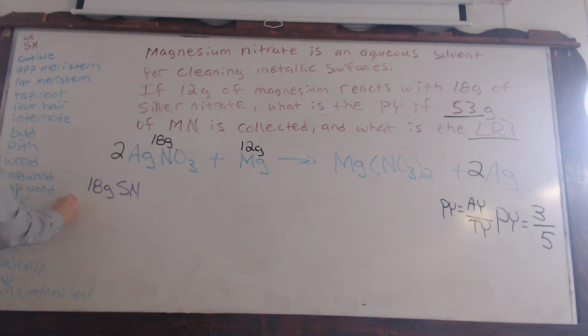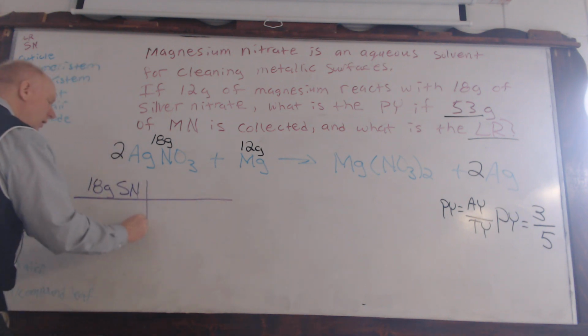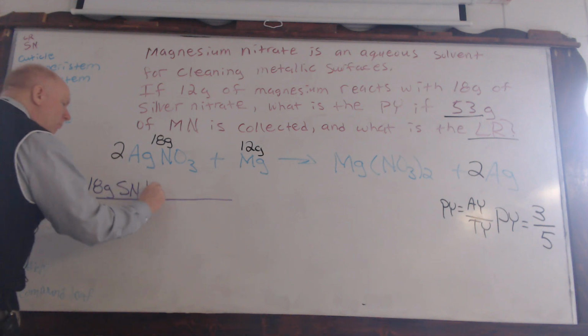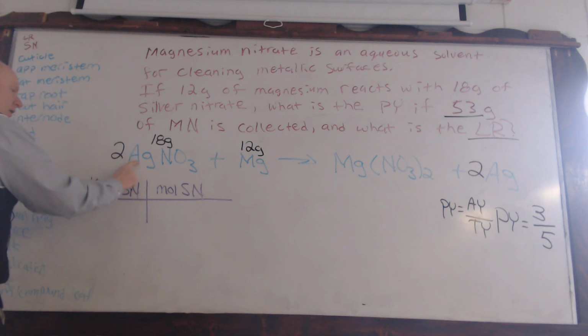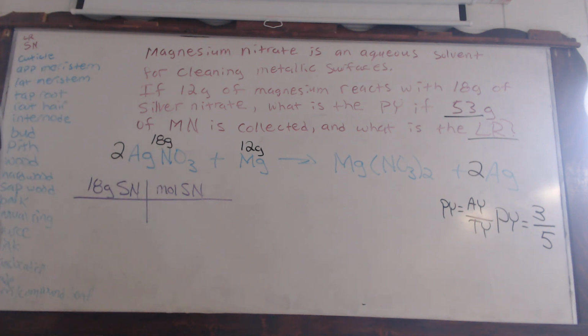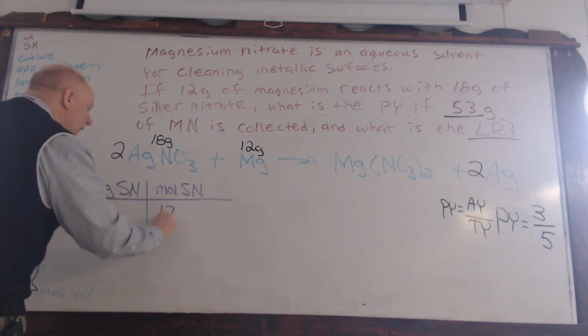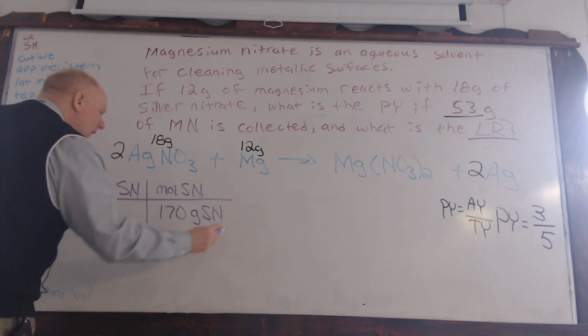We're going to do what with that? And for every mole of silver nitrate, it's 107 plus 14 plus 48. And that would give you approximately 170 grams of silver nitrate. Okay?